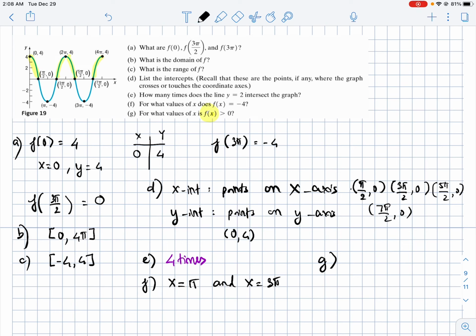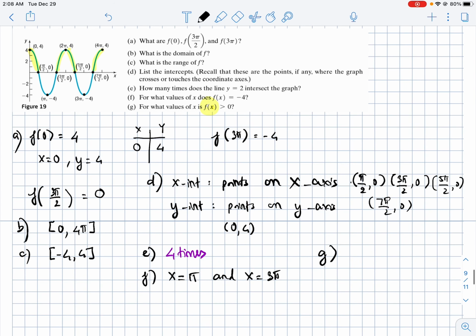They are above the x-axis, so the answer will be in those intervals. For the first one, we answer the x part: from 0 to pi over 2.